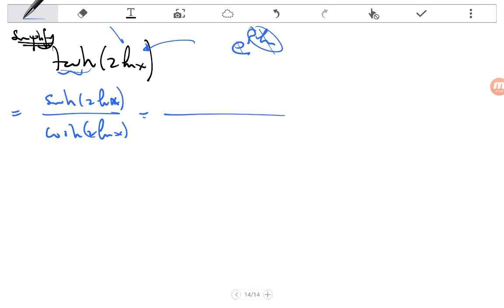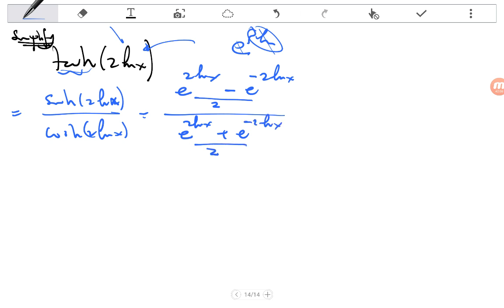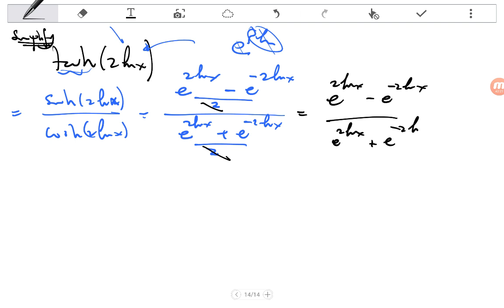So that will be e power 2 ln x minus e power minus 2 ln x over 2, and also you have here e power 2 ln x plus e power minus 2 ln x, but over 2. Now this 2 will cancel with this 2. We will have this expression: e power 2 ln x minus e power minus 2 ln x over e power 2 ln x plus e power minus 2 ln x.